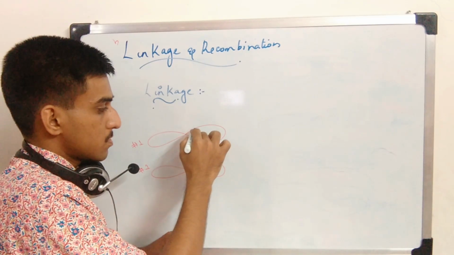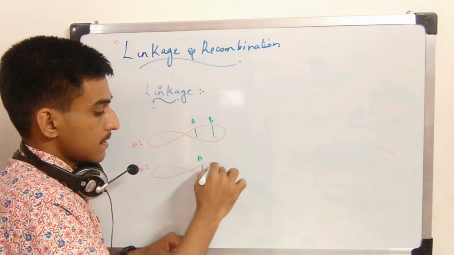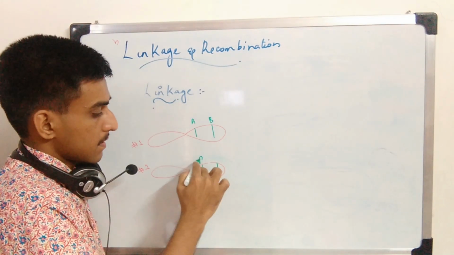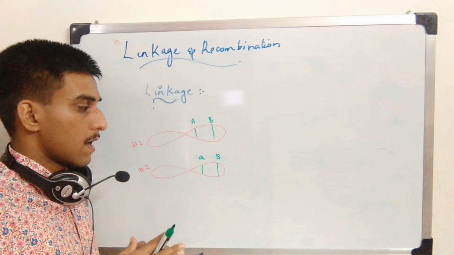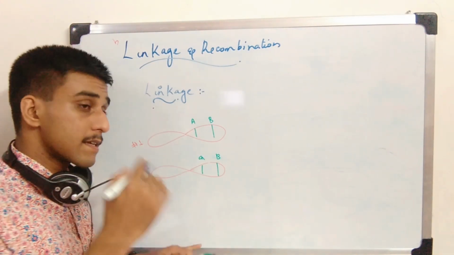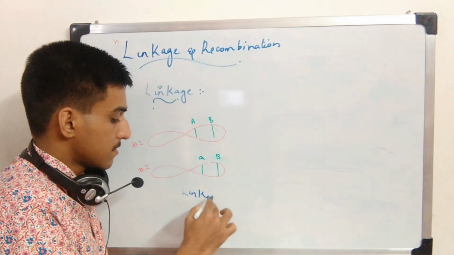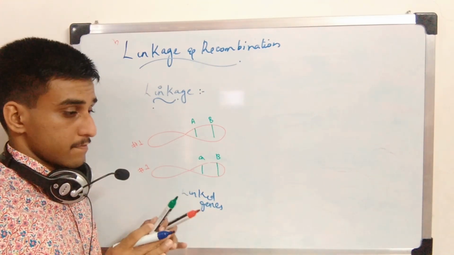And I am considering two genes, gene A and gene B. These are homologous chromosomes. So I am saying that this gene A and B are linked, so I am writing they are linked genes because they are present on the same chromosome.